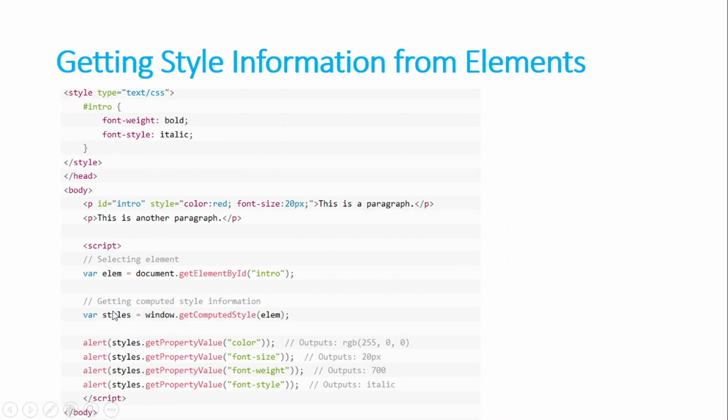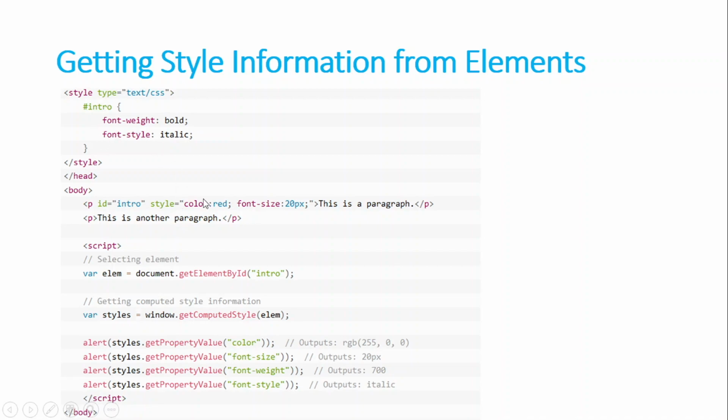Now, for getting the information and logging it out, you can use styles.getPropertyValue. This getPropertyValue method should be applied on the styles we received from the window.getComputedStyle method. Now we can specify the property name which we want to grab.